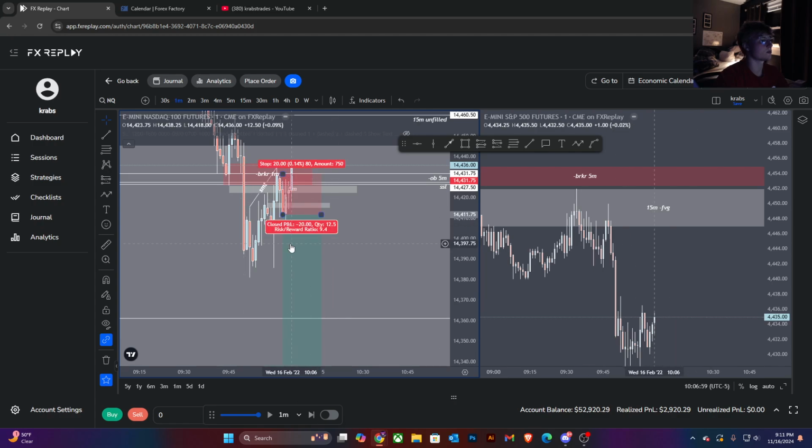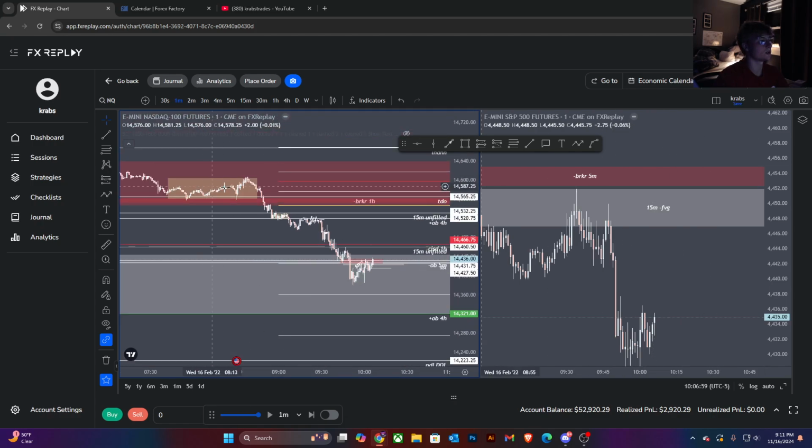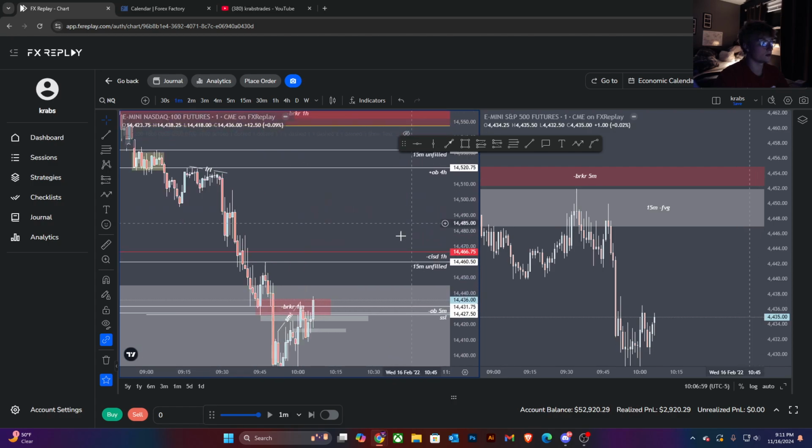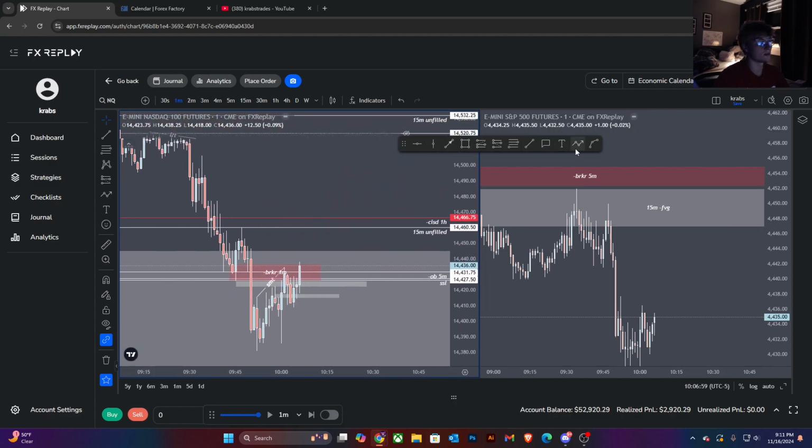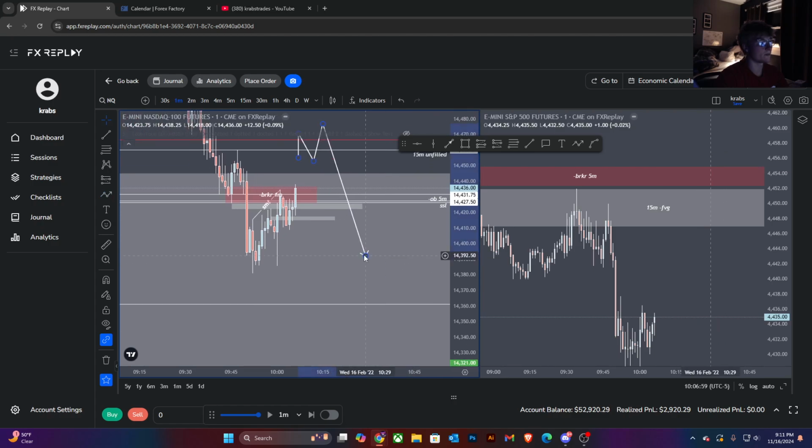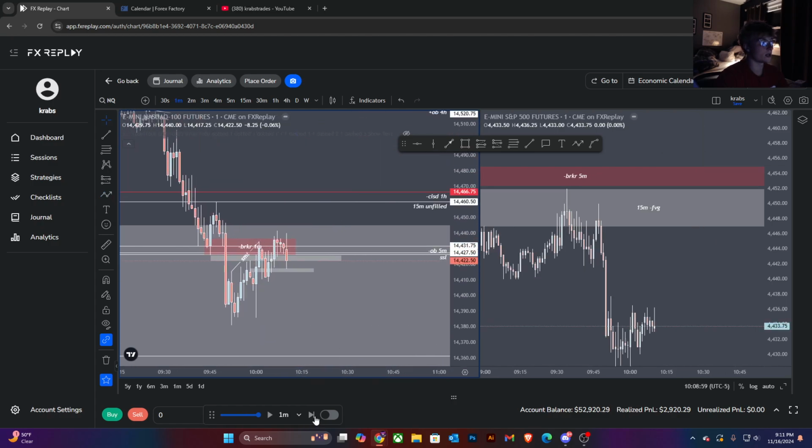Yeah, W discipline, just way too low in the range to be shorting. I do like shorts if we can tap into this 15, maybe retap that CISD, get a short from there, see if that happens.